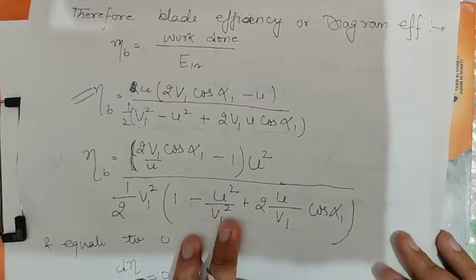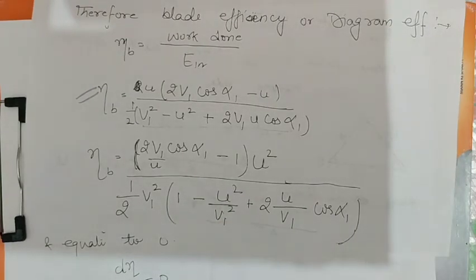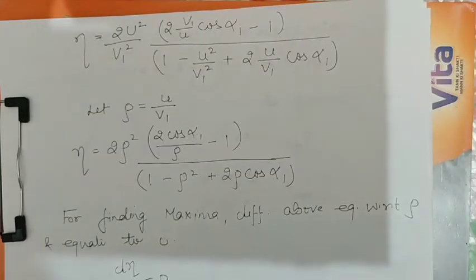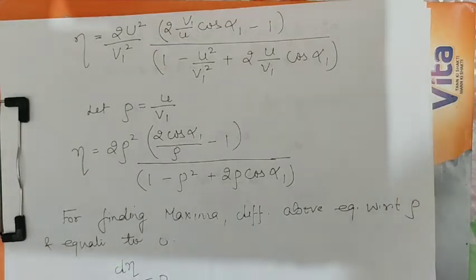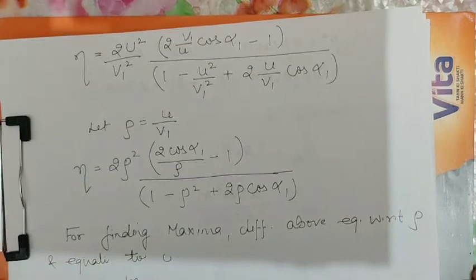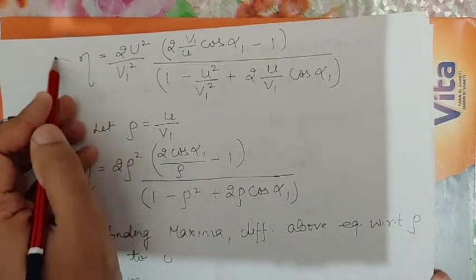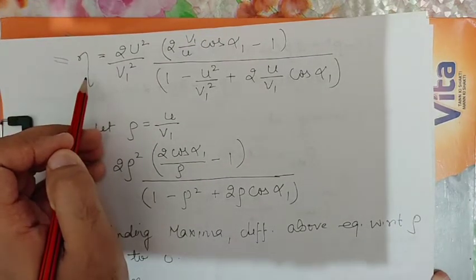We have already discussed that in the impulse turbine, to find the maximum blade efficiency we have to find the value of U by V1. That is the blade speed coefficient. So now we are going to calculate the value of blade speed coefficient.